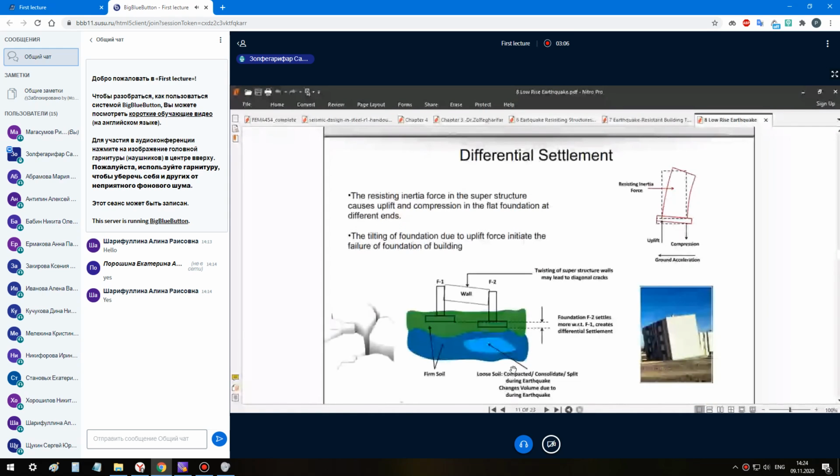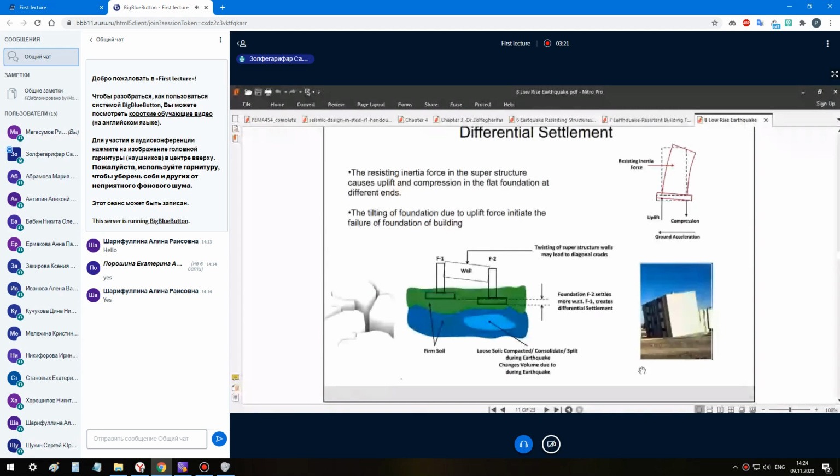This slide shows differential settlement occurring in the building foundation, which often gives floating or overturning in the building, as you can see in this slide.